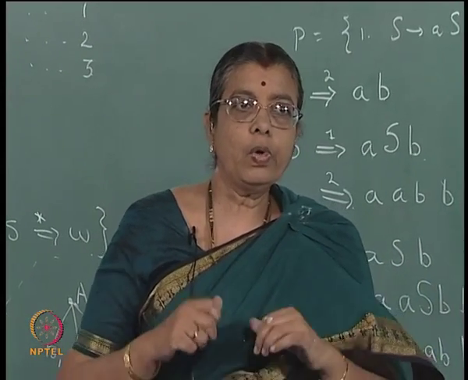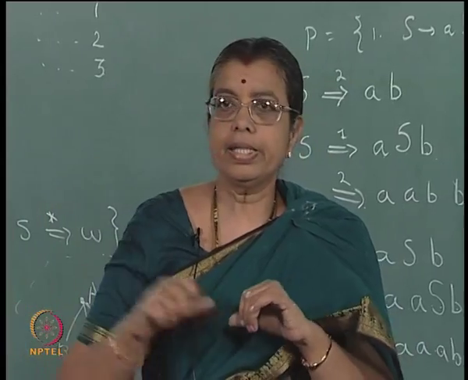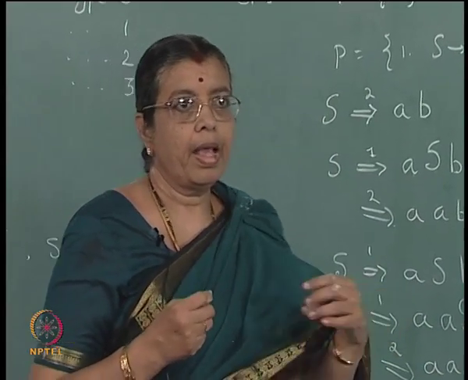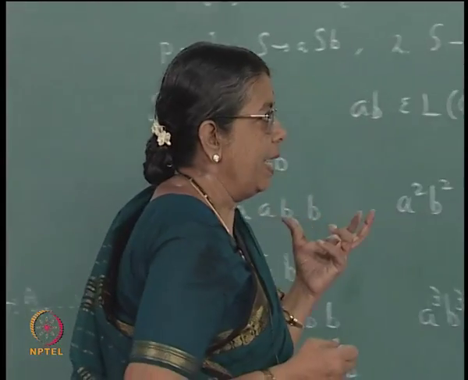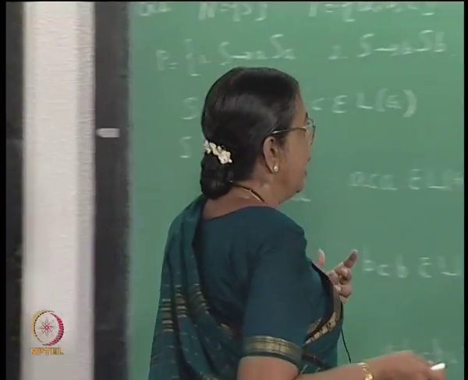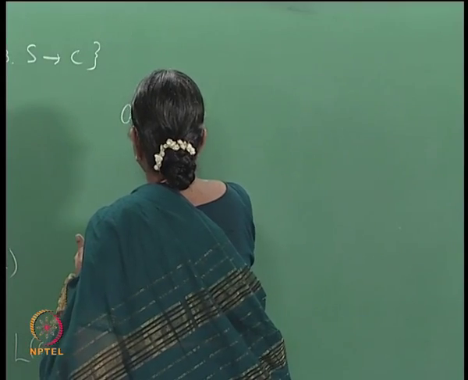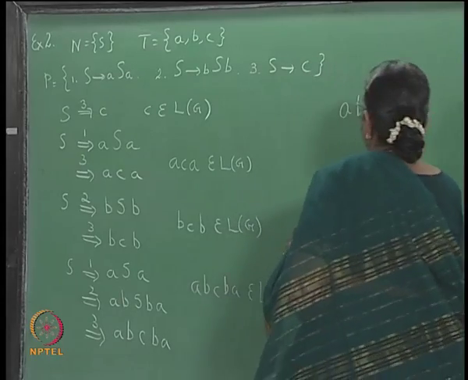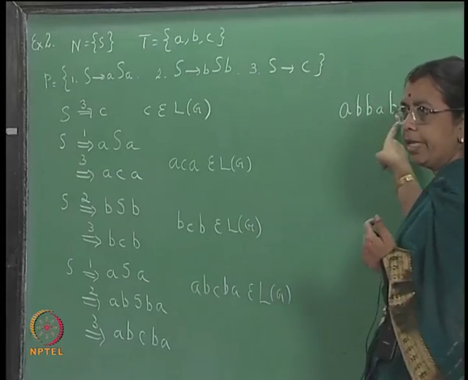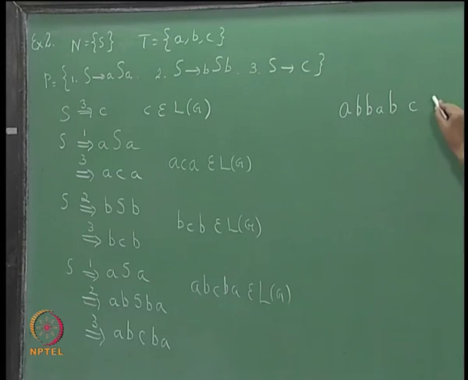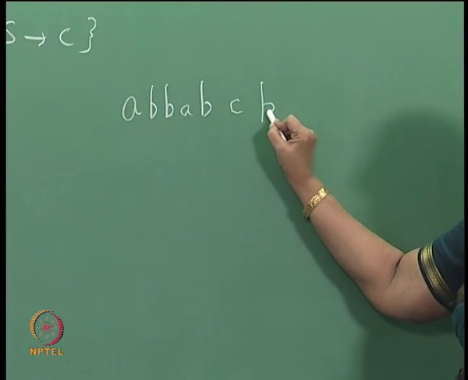When you apply rule 2, one B will be generated this side, one B will be generated that side. So, you can see that any string generated, for example, a string of the form A B B A B, some sequence of A's and B's followed by C, then when this B is generated, this side also you must get a B.